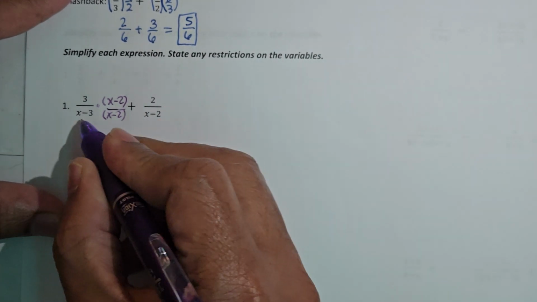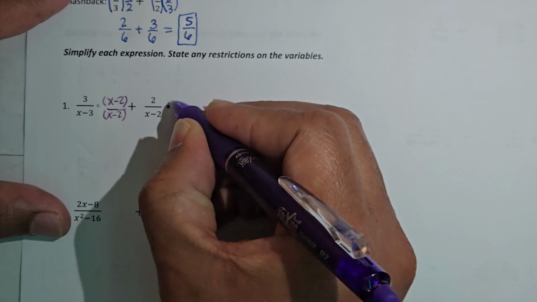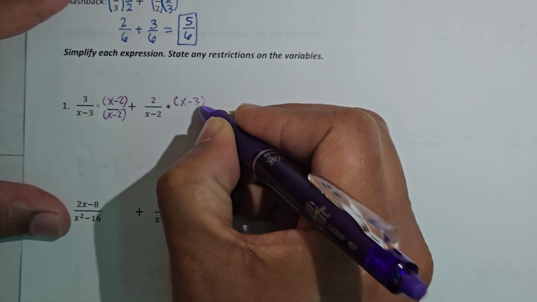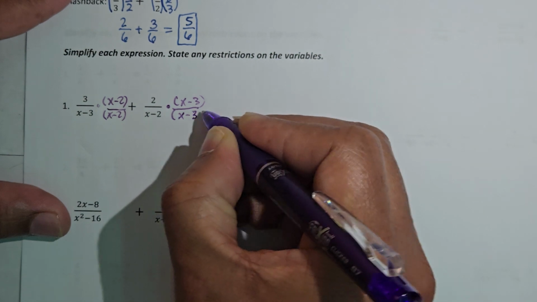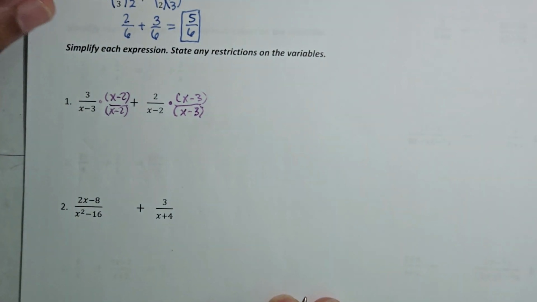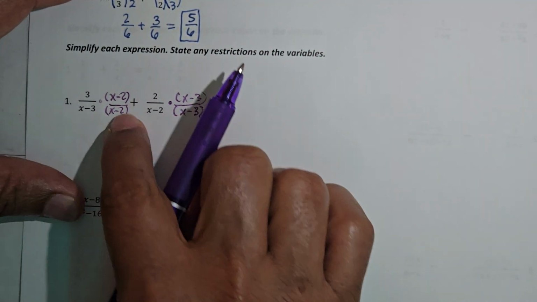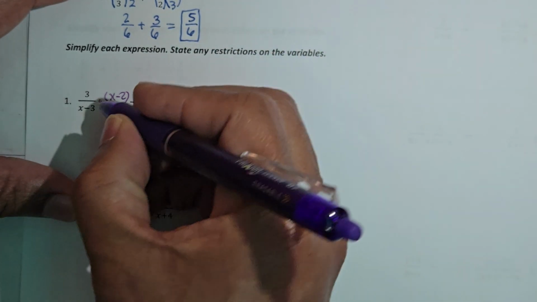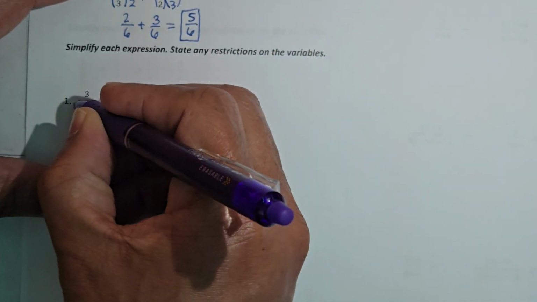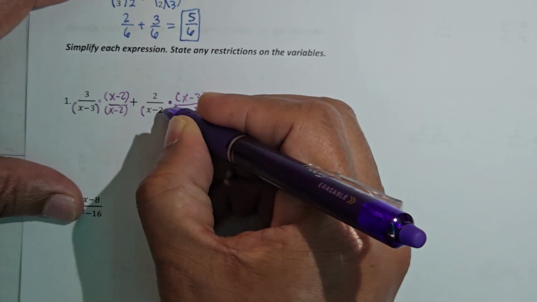Then do the same thing here: this is x minus 3, so multiply this one by x minus 3 in the numerator and denominator. Again, we're just using the number 1, which is very powerful. You can write it in any way you need to so that you're able to work the math problem, or in this case the algebra problem.